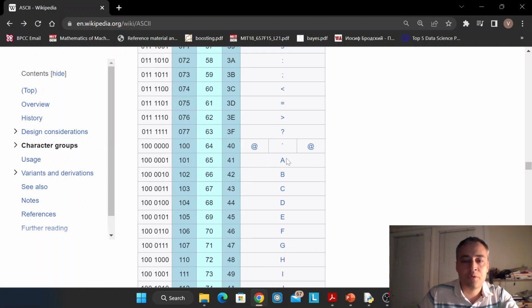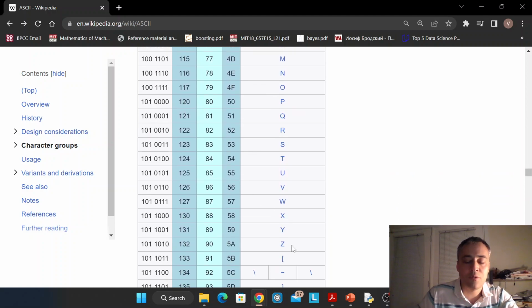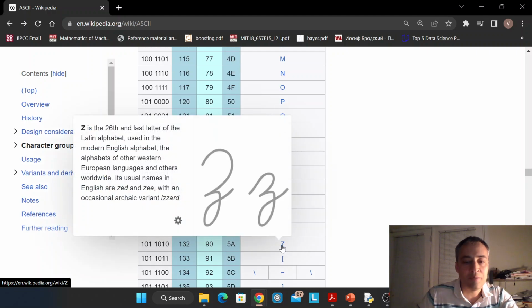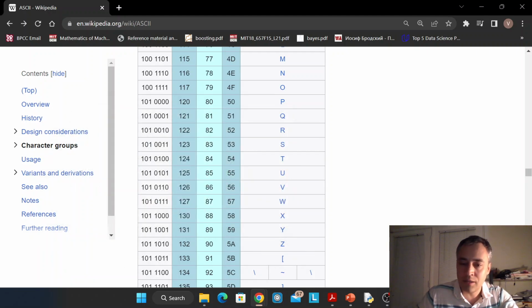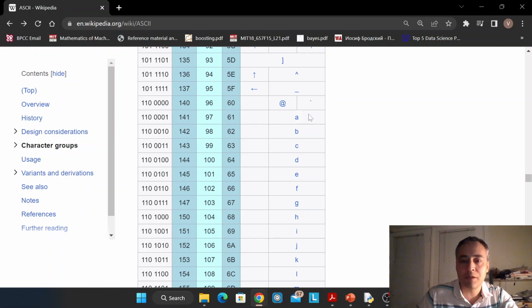So capital A is number 65, B is number 66, and so on. There run all the capitalized letters up until Z, which has number 90. Again, nobody remembers this. I mean, maybe some people do, but it's really not worth remembering it for the sake of this or any other programming class, as far as I know.